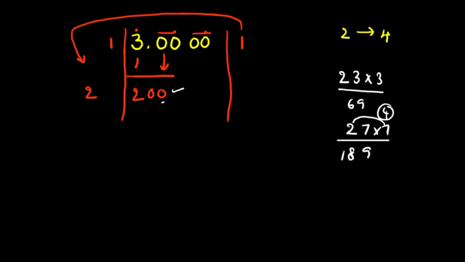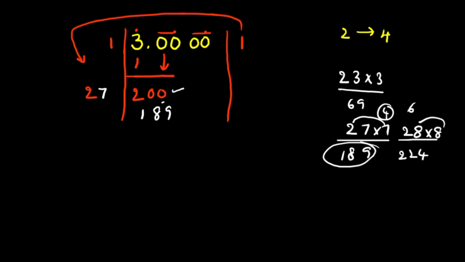Then I will test with 8 also. 8 8s are 64, 8 2s are 16 plus 4, 22, 224, right? So I am going to take 7 here, because this is the suitable number for this 189.